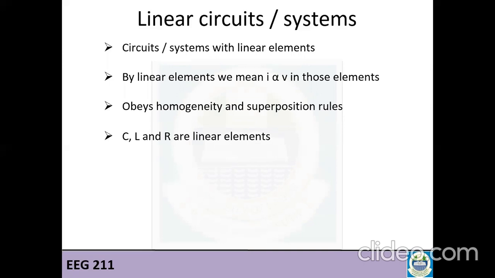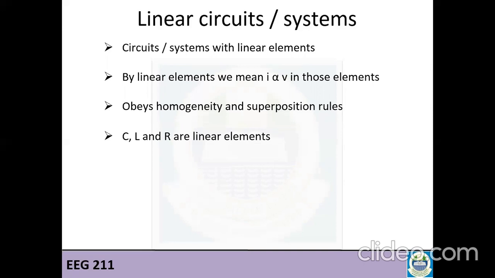And a linear circuit or linear system obeys homogeneity and superposition rules. Examples of linear elements are capacitors, inductors, and resistors.